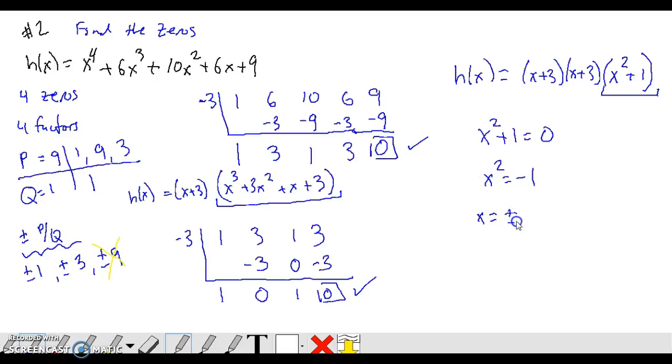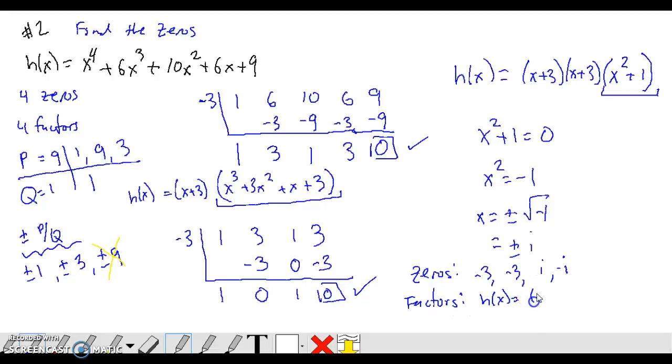So this will be plus or minus the radical of -1, which equals plus or minus i. So all of our zeros are this: -3, -3, i, and -i. My factors, if I wanted to write that out, not that I asked you for that, but it would look like this: x plus 3, x plus 3, x plus i, x minus i.